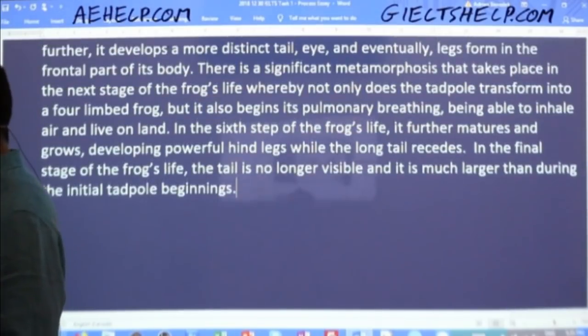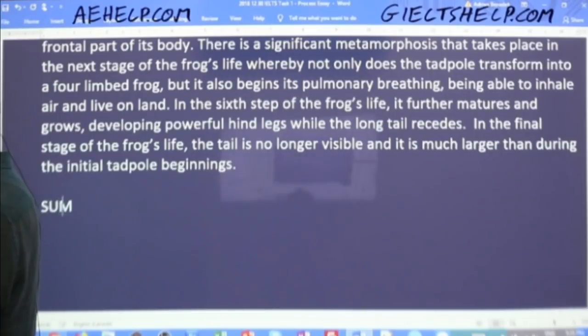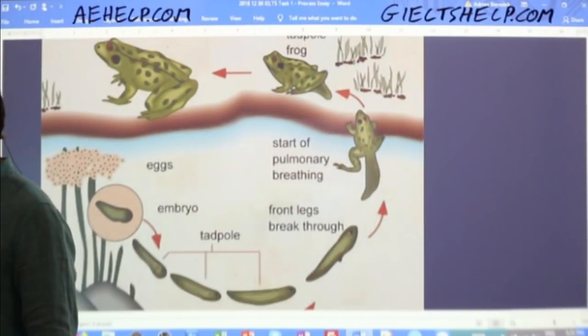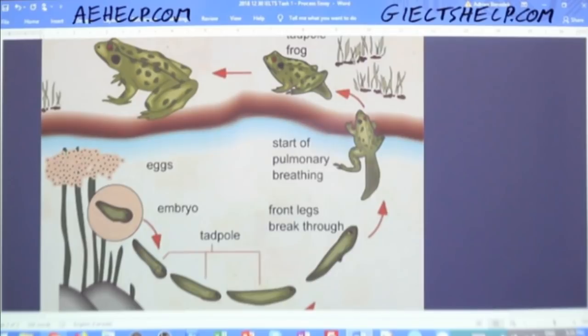Okay, let's do a summary here. So your summary should be different than your overview. It should be something very clear that we can see from the diagram in this case. It should not be a repeat of your overview. I emphasize that again.